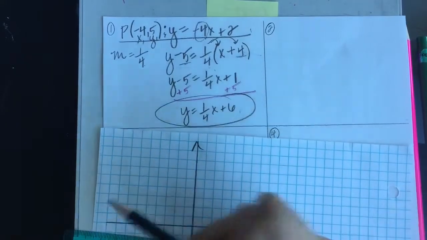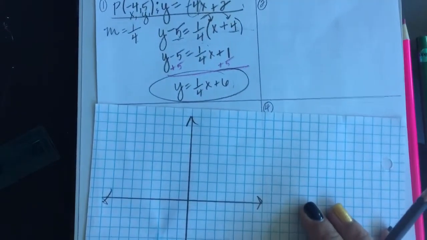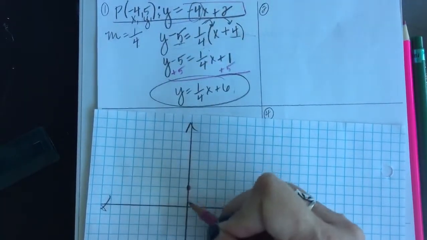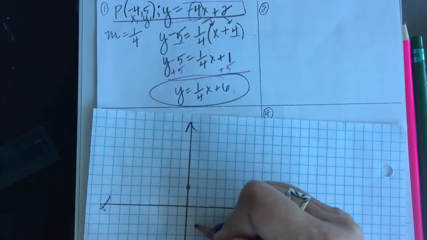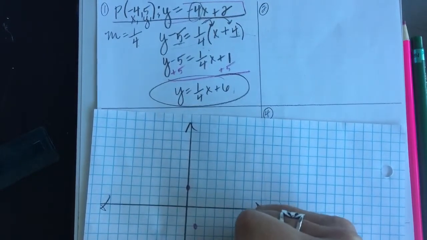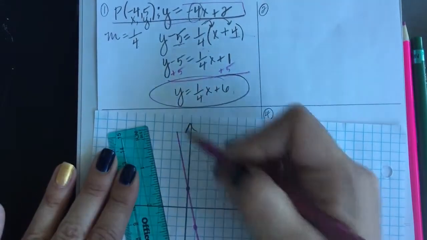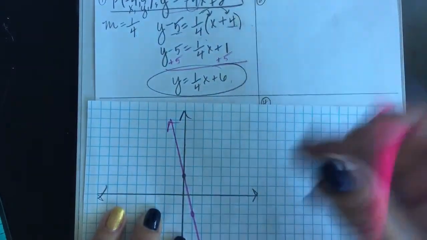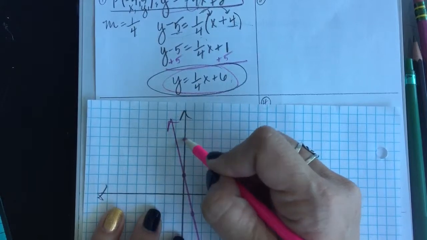But the line that we started with, I'm just going to draw a quick graph here. The line that we started with, this one, positive 2 is the y-intercept, and then I go down 4 to the right 1. So that's the line I started with. And then perpendicular to it, the one that I ended with, 1, 2, 3, 4, 5, 6.